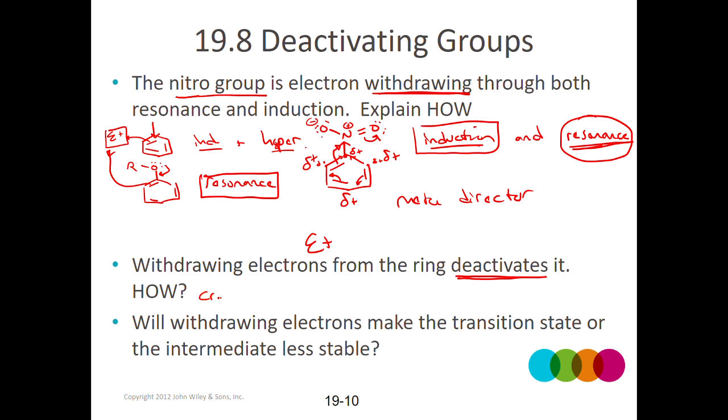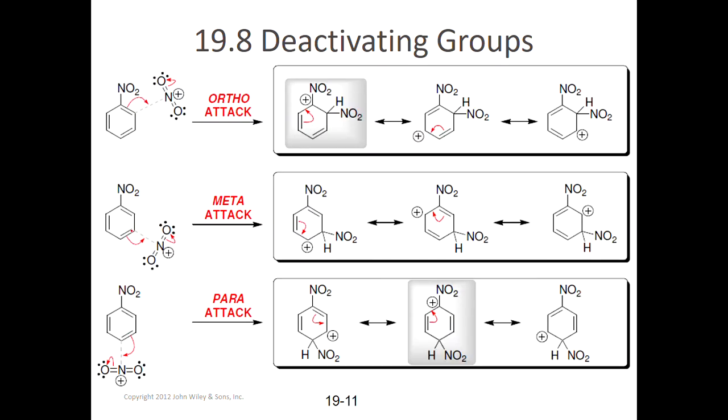Because it creates partial positives on the ring that repel the positive of the electrophile. When the electrophile attacks, it creates positives on the ring.